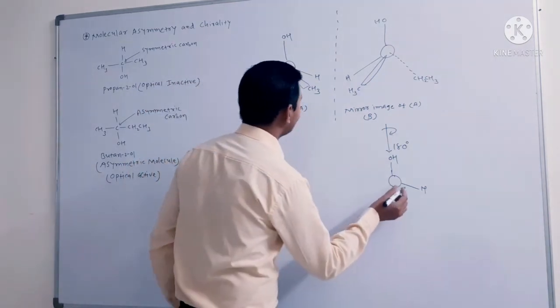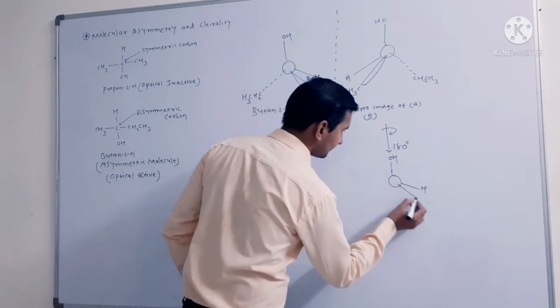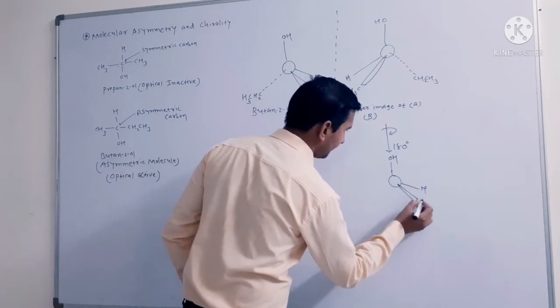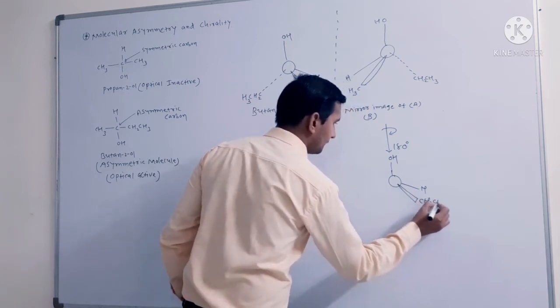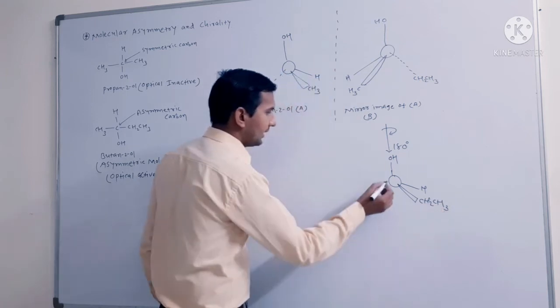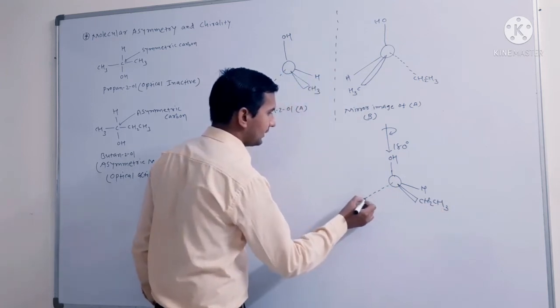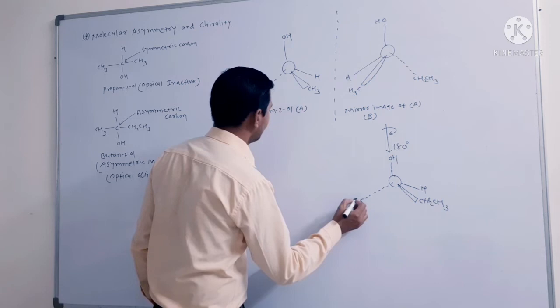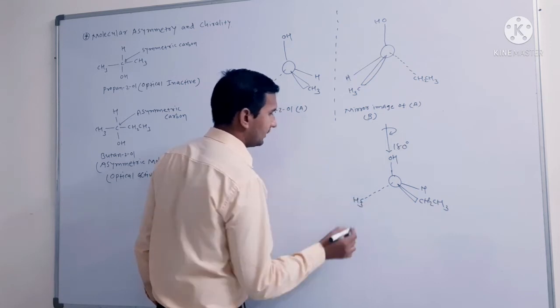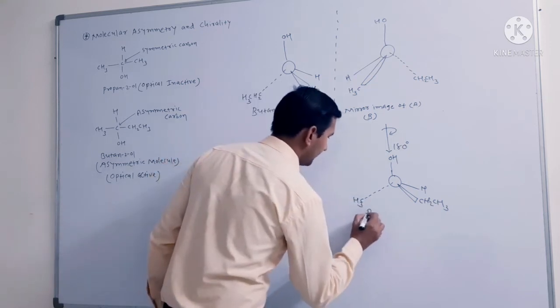So here we get CH2CH3 and here we get CH3. This is the rotated mirror image.